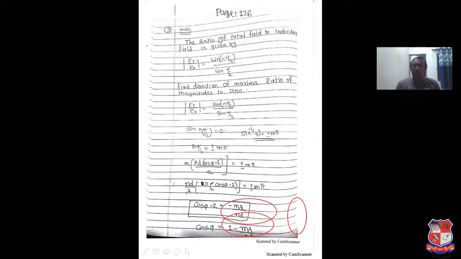Now next, what is the value of null? Null means what? Ratio of total electric field to the individual field. Sin n psi by 2 divided by sin psi by 2. This is the equation.